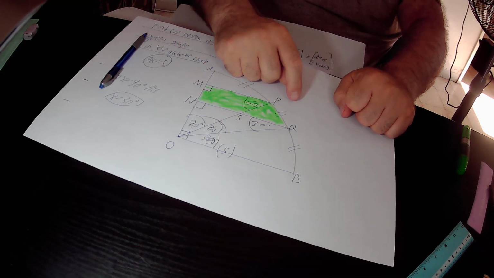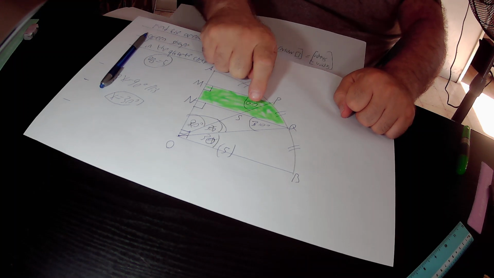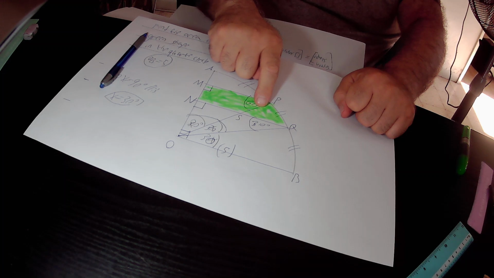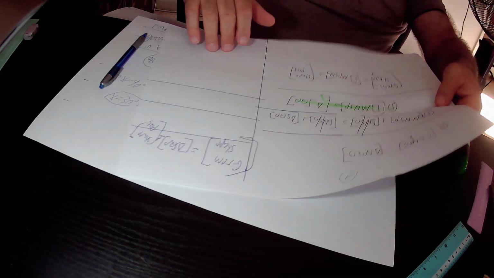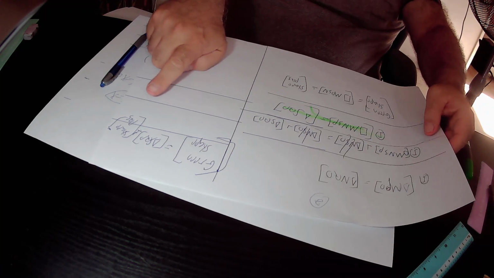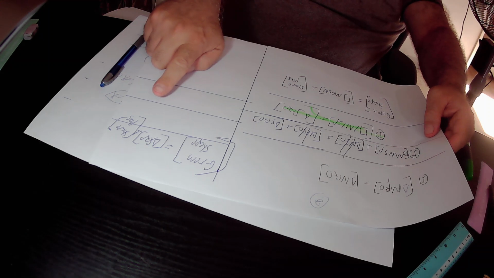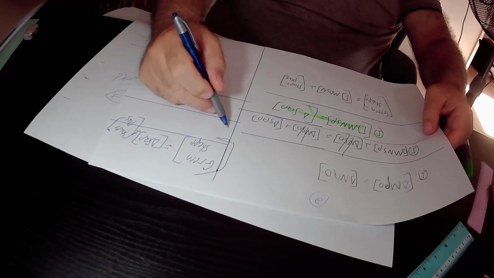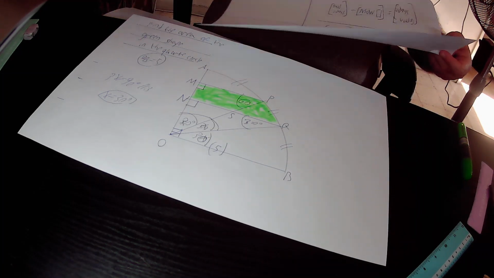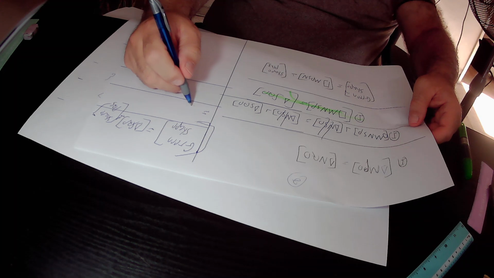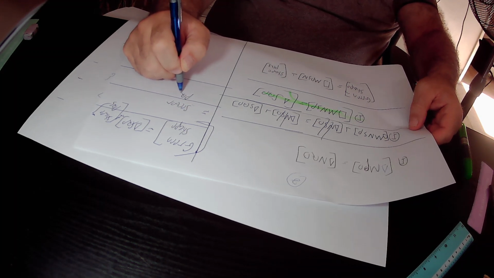Again, the area of sector PQO equals the area of triangle SQP plus the area of this shape PQS. Therefore, in total it equals the area of sector PQO.